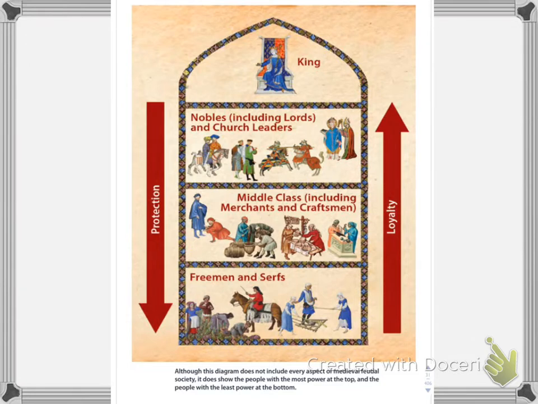All right, so this diagram shows the medieval feudal society system. The higher the category on the diagram, the more power and wealth the people in that category had. So we can see that the kings had the most power and the most money.